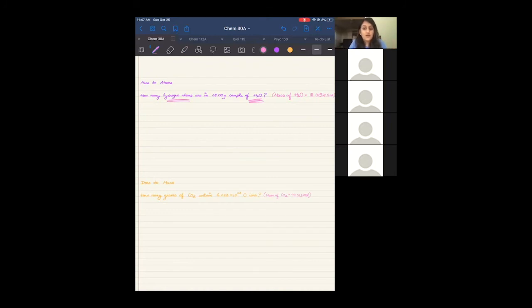Okay, not the whole H2O molecule. So try to do it on your own and let's see if we can come to a consensus with the answer. So a little more complex, but we got this.